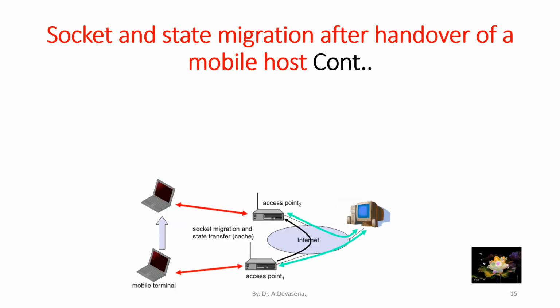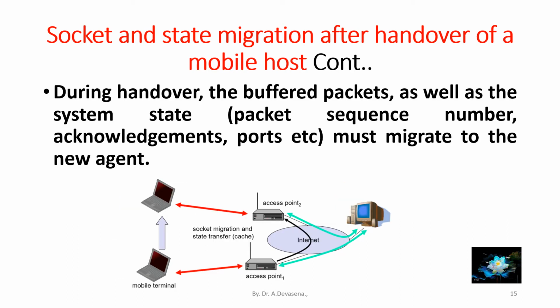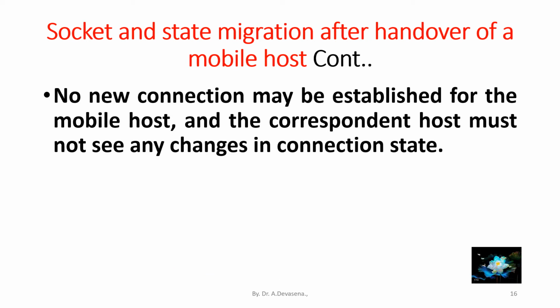During handover, the buffered packets as well as the system state, that is the packet sequence number, acknowledgements, ports, etc. must migrate to the new agent. No new connection may be established for the mobile host, and the corresponding host must not see any changes in the connection state.